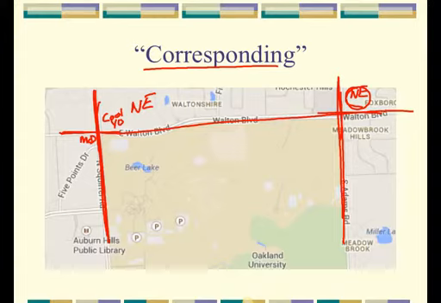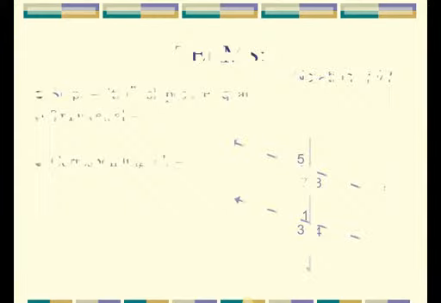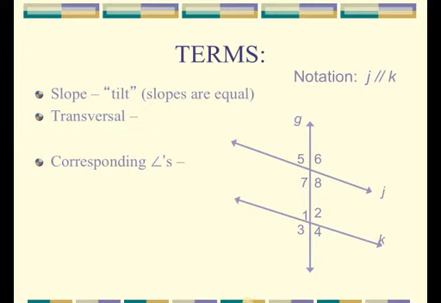So we can kind of keep this little road intersection idea in mind as we look at these now in a more generic form, with just lines J and K and line G intersecting it. Now this one's kind of turned on its side from the one I just drew on the map, but nonetheless, two lines, J and K, and then G here is the one that's intersecting each of those.